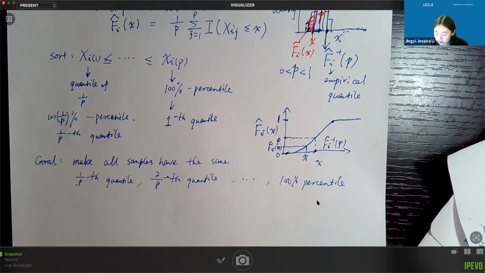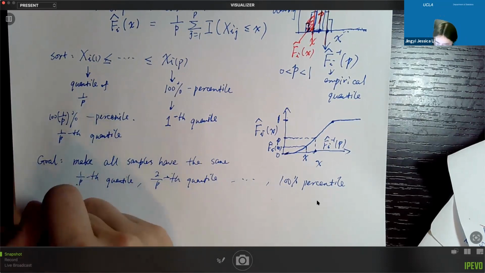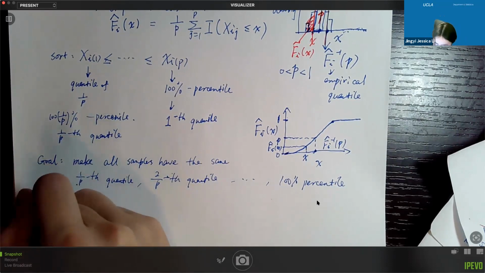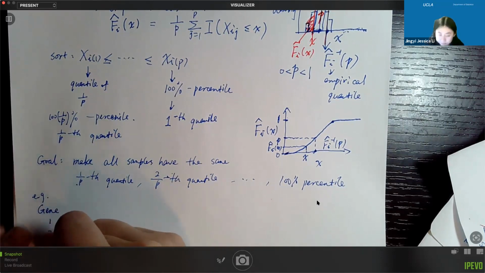So to help you understand that, I'm going to give you a concrete example as in the notes. So I'll just simplify a little bit so you can see the idea. So let's say that in the example, I'll simplify it by just having 3 genes, okay? Gene 1, 2, and 3.